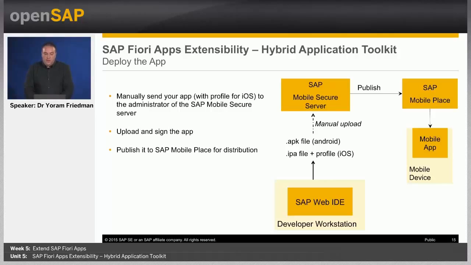And in order to do that, one of the options I have is actually to convert this application from the Web IDE into a mobile application, and then I can sign that application and upload that through the SAP Mobile Secure management system into the mobile place. The mobile place is the SAP Application Store, and once I actually sign the application and put it in the mobile place, you can download that directly to your mobile device and use it like any other mobile application.